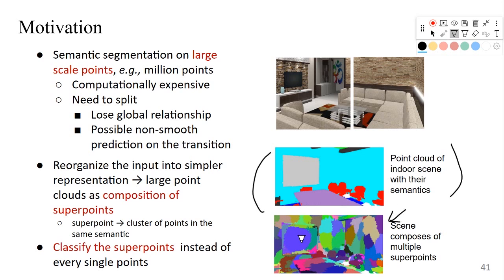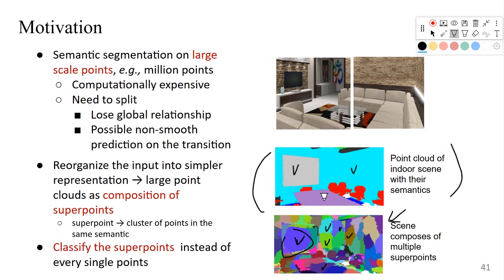Each superpoint is drawn in the same color, like this one, and this is another superpoint, and so on. Every superpoint has the same semantic: this one belongs to the projector screen, this superpoint belongs to the wall, this belongs to the table, and so on.